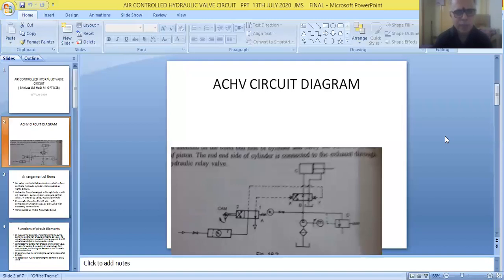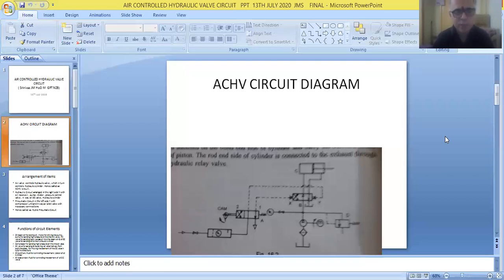Some kind of element has to be installed inside the body of the valve, and we have to make arrangements for moving the elements in forward and backward direction. Therefore, we have different methods for actuating, for operating the valve elements. That's called valve actuation. Different methods are available for doing valve actuation.